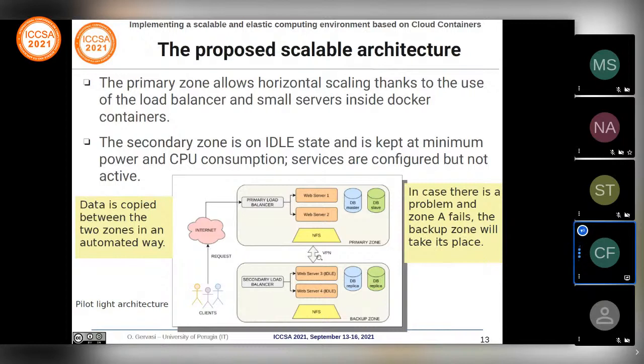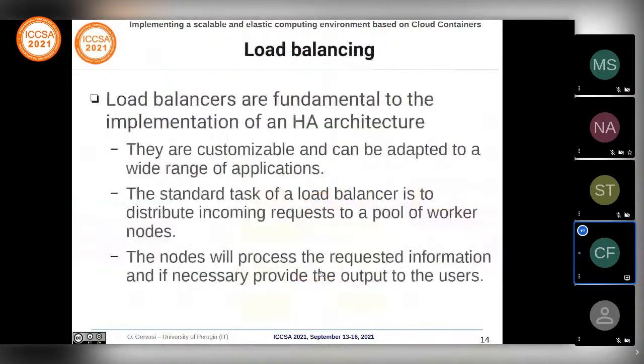The two areas are connected via a virtual private network. Data is copied to the two zones automatically, and if a zone fails because of a hardware problem or a physical problem, the other zone takes control and is able to respond immediately.